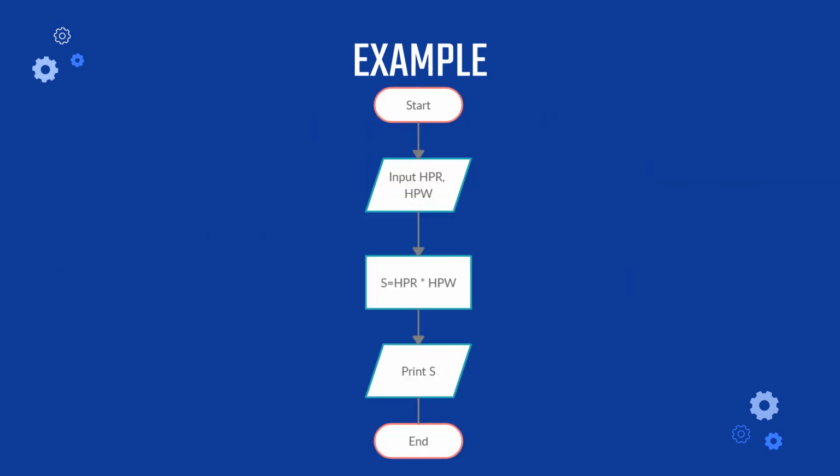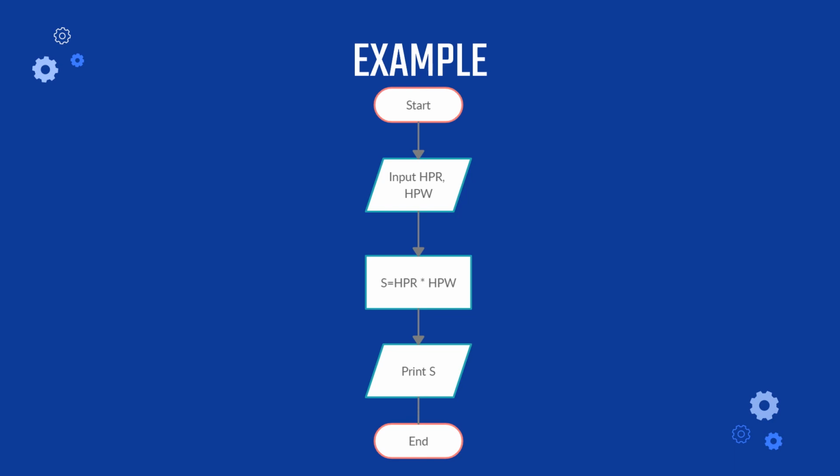So, paano po ba yun? So, we will start the flowchart and then we will input the hourly pay rate and then the hours per week. So, yun po yung input ng user. And then, S, stands for salary, is equals to HPR times HPW.